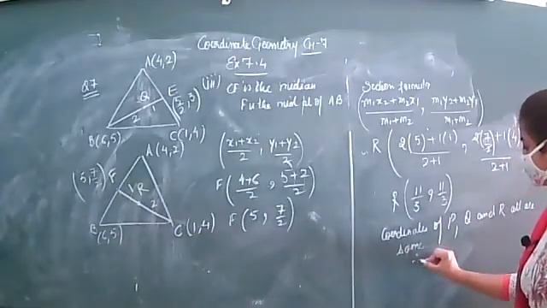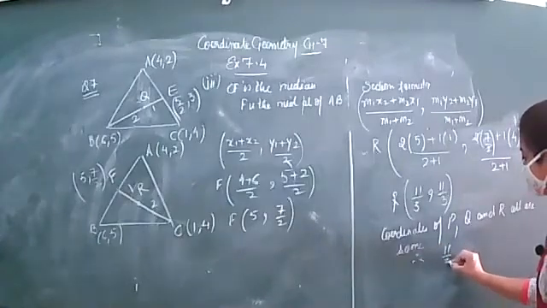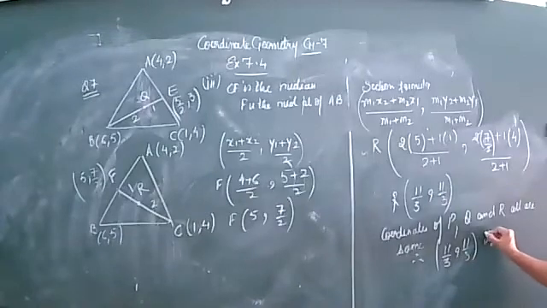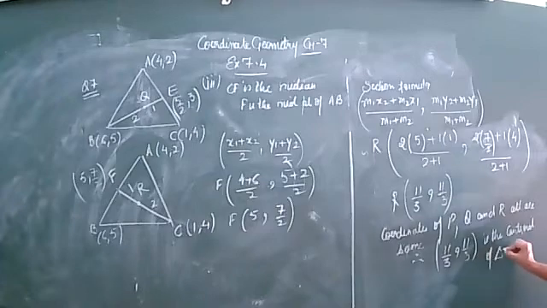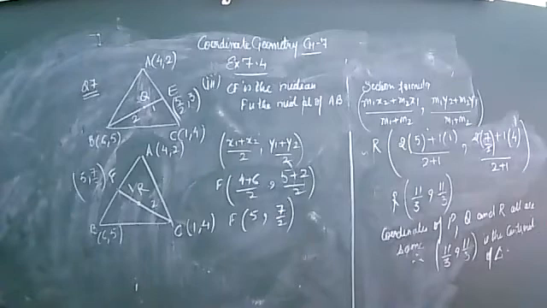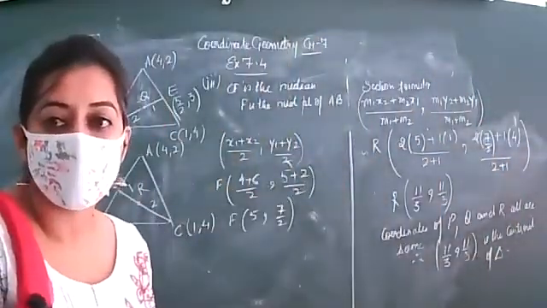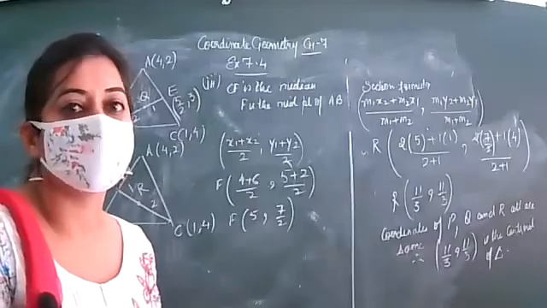Therefore, 11 by 3 and 11 by 3 is the centroid of the triangle. Okay, the centroid is the point that divides the median in the ratio 2:1, and the centroid is the point where all the medians of the triangle intersect each other.